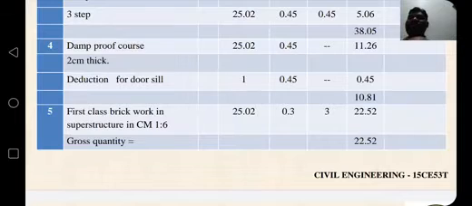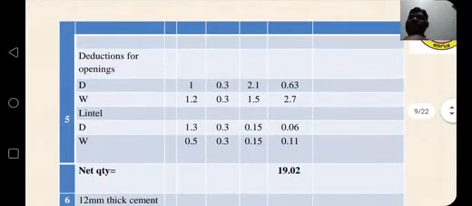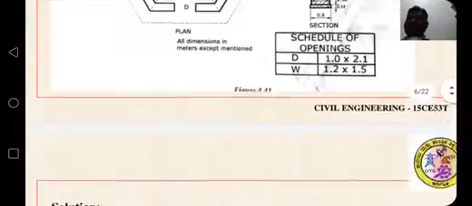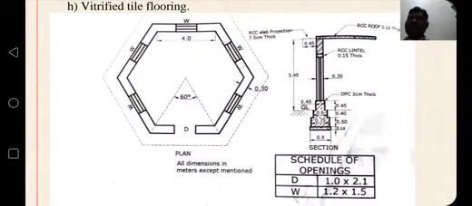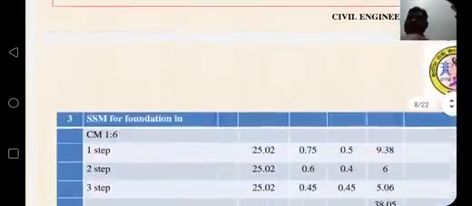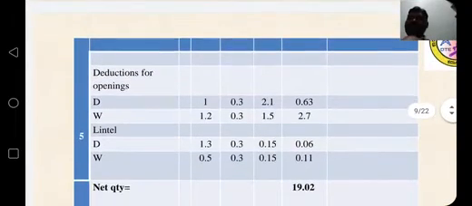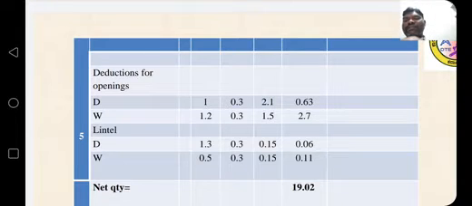First class brickwork in superstructure in CM 1:6: 25.02 into 0.3 into 3 meter is 22.52. Deduction for openings: D is 1 into 0.3 into 2.1 is 0.63. W is 5 numbers into 1.2 into 0.3 into 1.5 is 2.7.